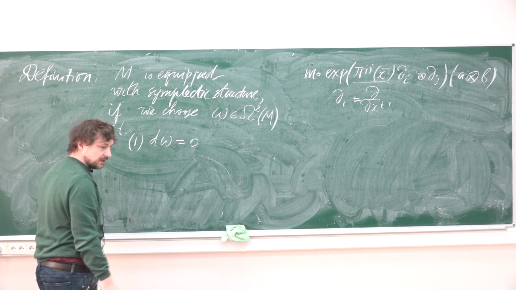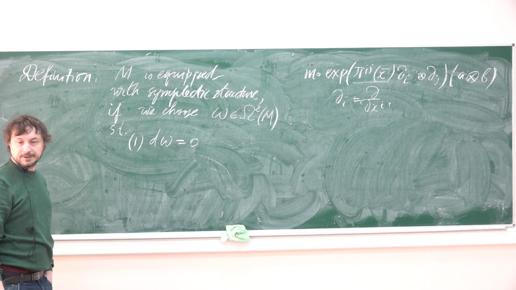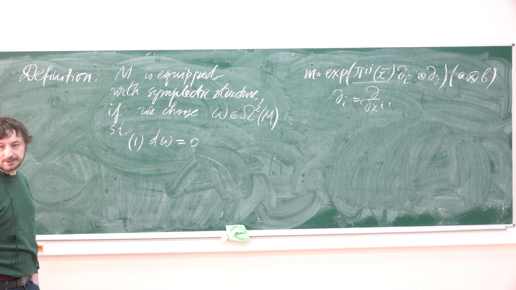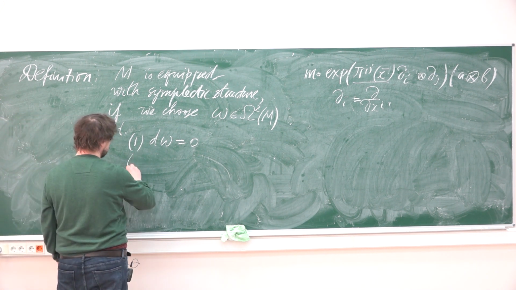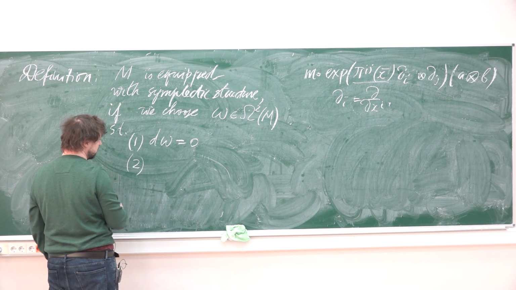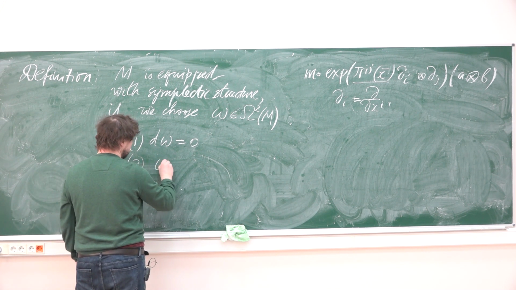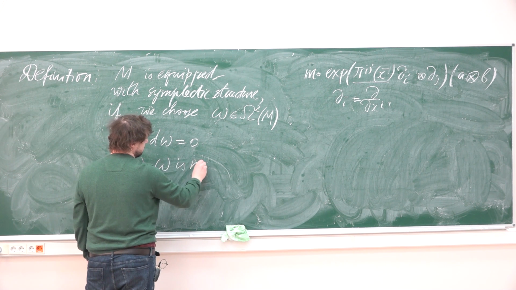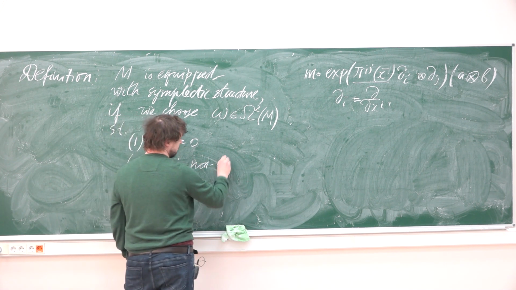That's easy because every manifold has lots of closed differential forms on it. But the second condition is much more delicate: omega is non-degenerate globally.